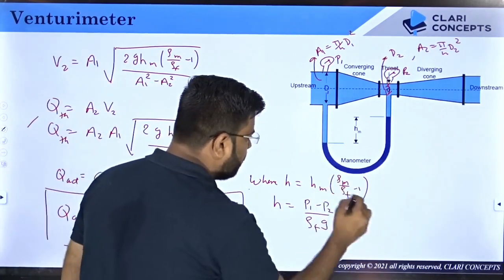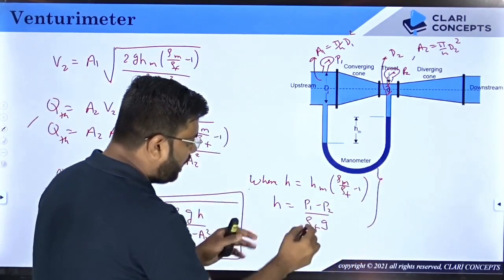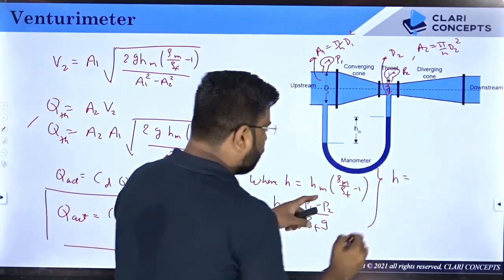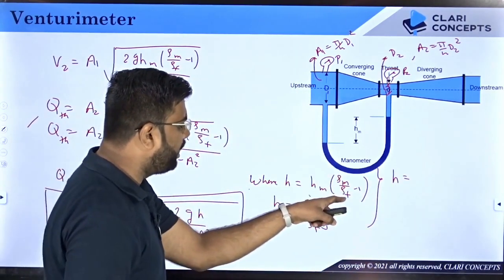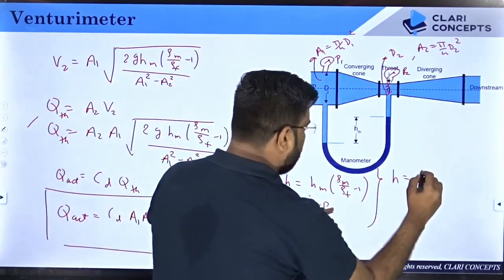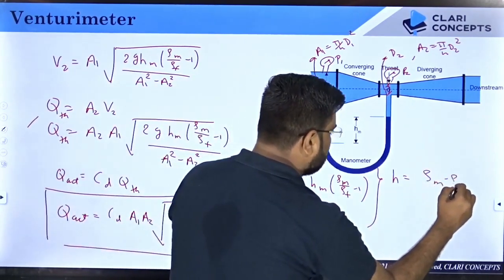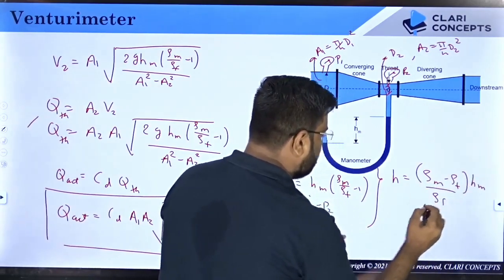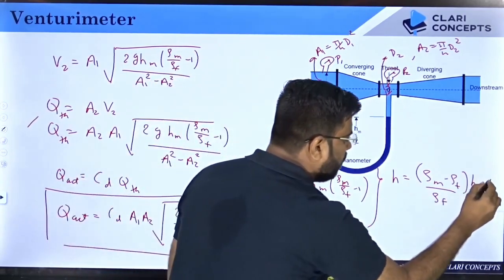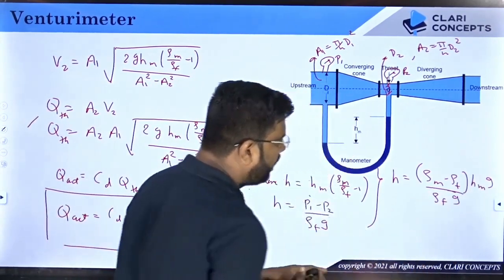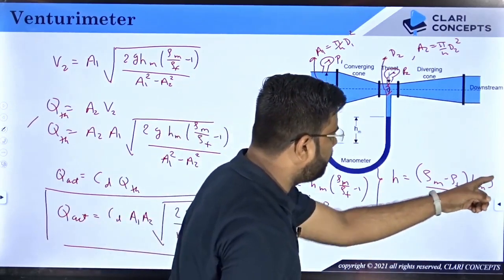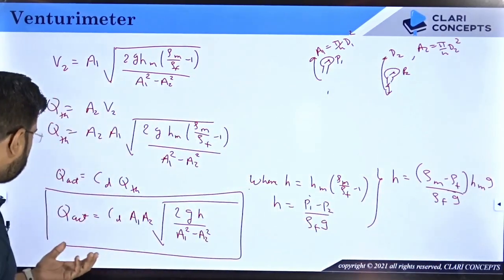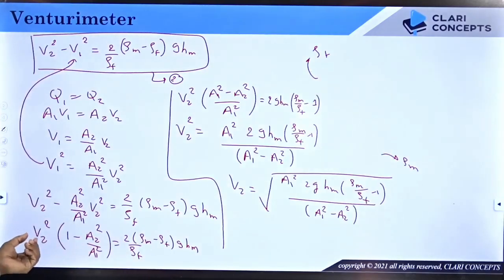If I look at this expression, how did this come? H is basically HM into rho m by rho f minus 1, right? So I can say rho m minus rho f and then HM divided by rho f. This is the same equation, right? If I put g on both sides, what I will get is rho m minus rho f into g HM, right? If I look at the previous equation, what is P1 minus P2?